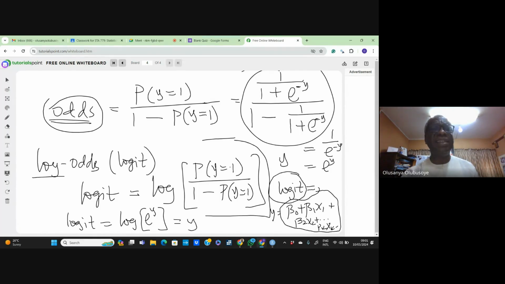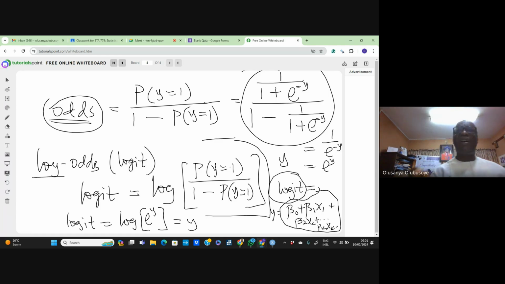But what we are saying is that the logistic function has now transformed that linear combination, right, to become logit. That's what we have done. And this logit is now the one that is linearly related, but not y.